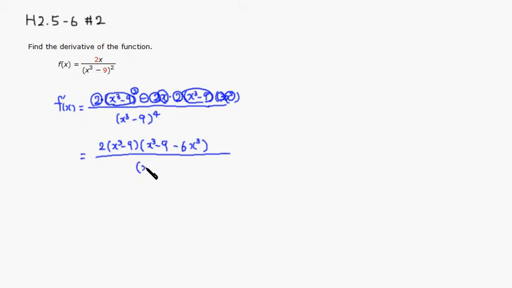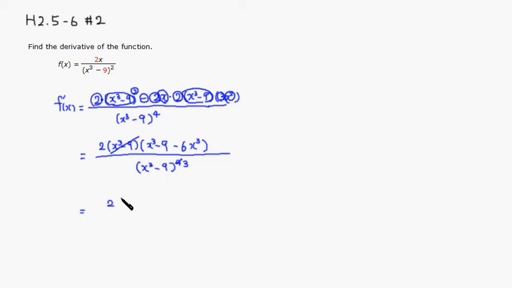On the bottom, same thing. So it's the quantity x cubed minus 9, raised to the 4th. The first thing we can do is we have a common factor, the quantity x cubed minus 9. We have 4 of those, so one of them cancels out, so that's going to be to the 3rd power. Then we just have to clean up a bit. So you have 2 here.